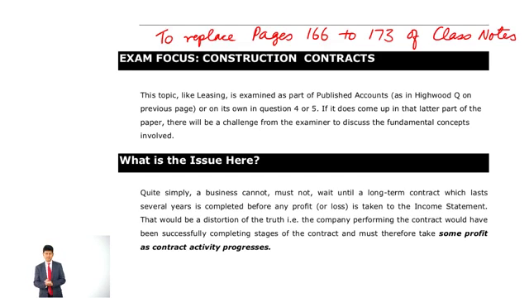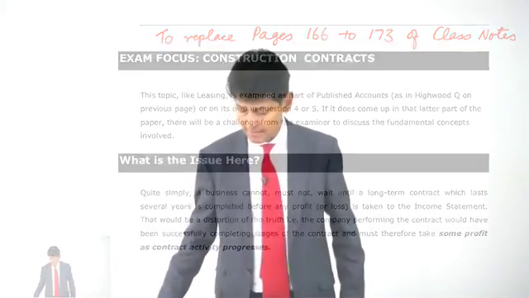So you always print these things, don't do it on a virtual basis. I'd like you to have a physical copy of the class notes. All right, so I'm going to ask you to replace all those pages, and instead of that, I need to give you some new class notes. Now, the idea behind this, what can I say?